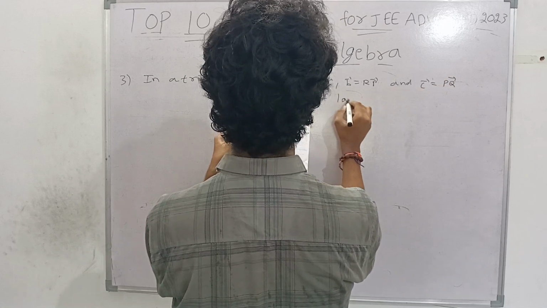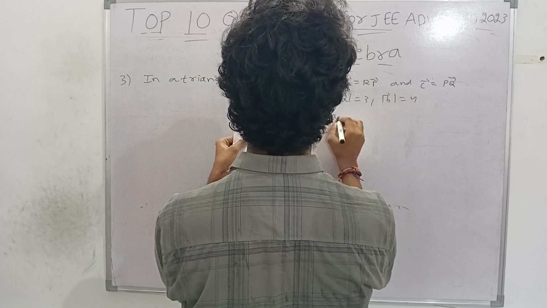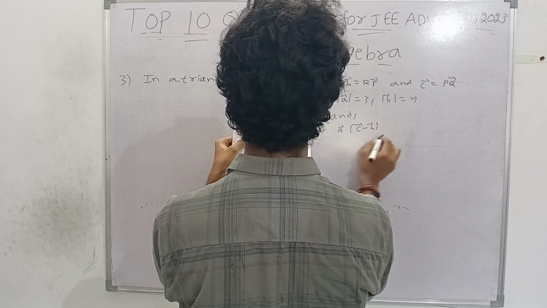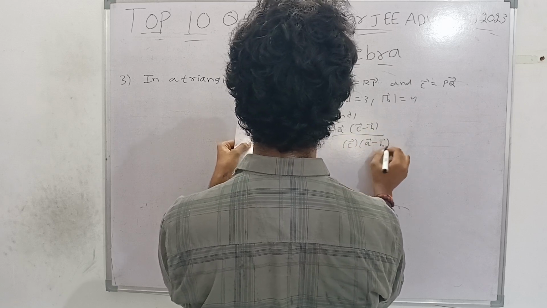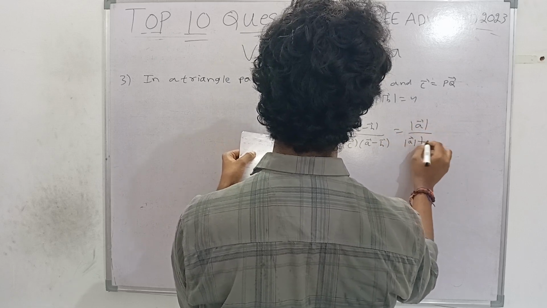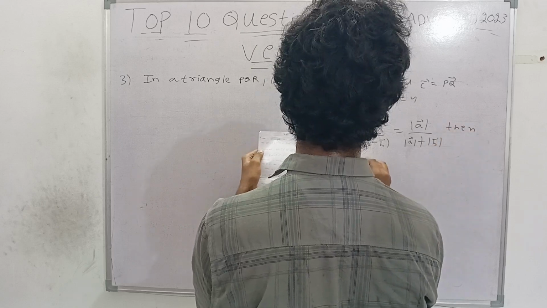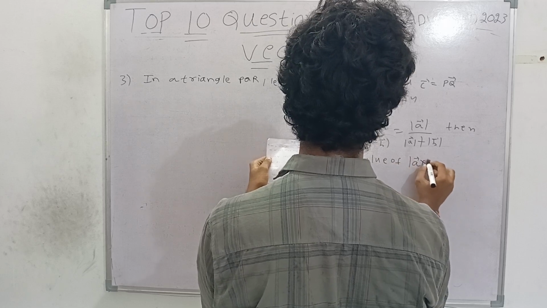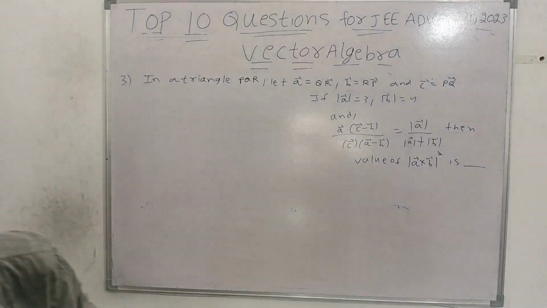If magnitude of A vector equal to 3, magnitude of B vector equal to 4, and A vector dot C vector minus B vector divided by C vector into A vector minus B vector equal to magnitude of A divided by magnitude of A plus magnitude of B. Then value of magnitude of A bar cross B bar is, this is a numeric type question and important question.